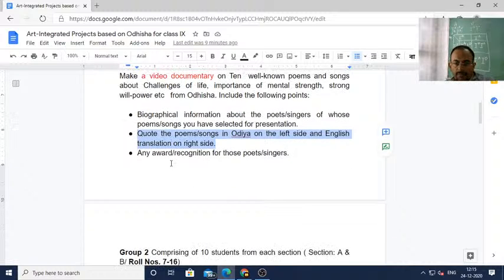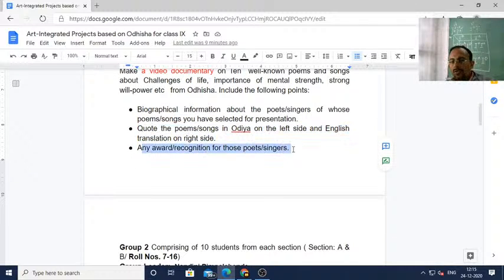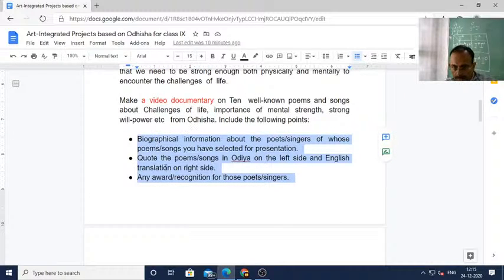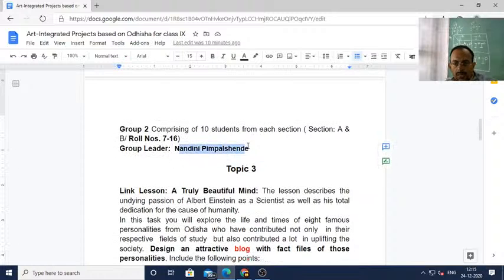And then any award recognition for those poet singers. So these 3 bullet points, each one of you have to collect the content of and the accompanying images in high resolution, and then submit it to your group leader Nandini.